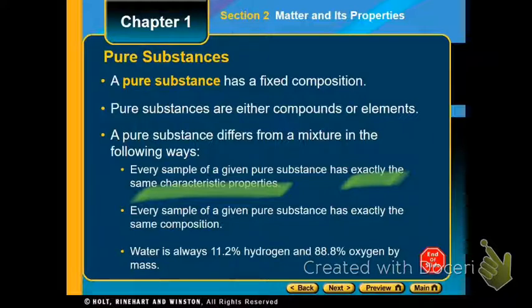If I have a cup of water or a room full of water, the properties are the same. Every sample also has the same composition, so water is always going to be H2O. Every molecule is H2O. And again, for the example for water, it's always 11.2% hydrogen, 88% oxygen by mass. By mass. So you would have to look at your periodic table to try to do some mass calculations.